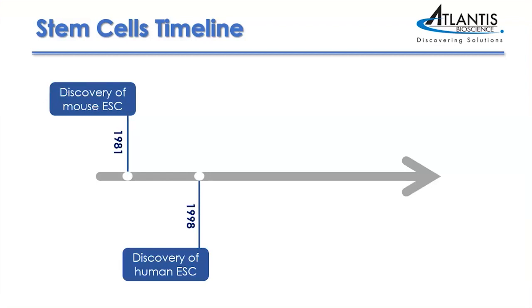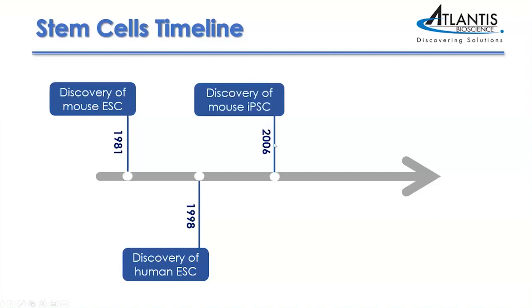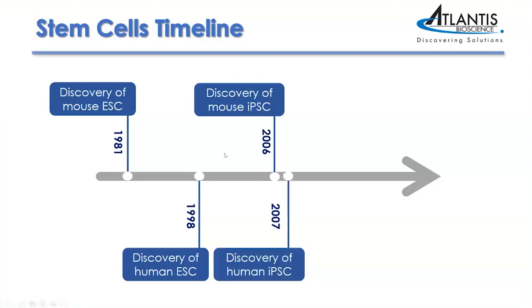In 2006, mouse induced pluripotent stem cells were generated, by a technology pioneered by Dr. Yamanaka in Japan. Less than a year later, the same technology was used to derive human iPSCs, which provides an alternative source of human pluripotent stem cells without the need to use human embryos.